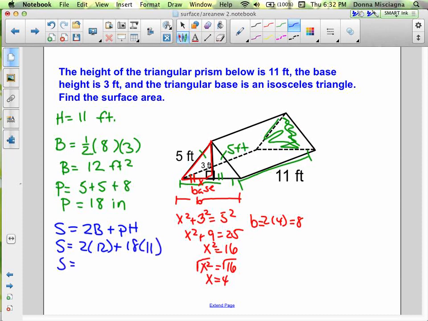So that's 24 plus 18 times 10 is 180 plus another 18 because it's 11. So that would be 180 plus 18 is going to be 198. Most of our area comes from those sides. And so that's going to give us 222 inches squared. And we're done with this one.